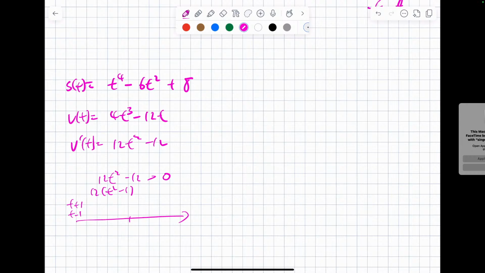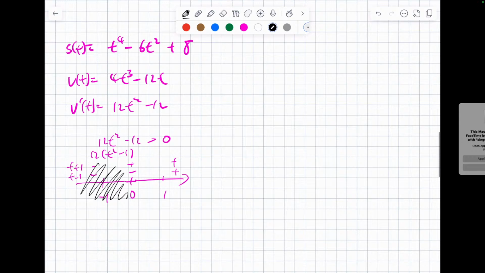Between -1 and 1, it's going to be negative, and on the outside positive. The problem is we only take into account this part. This part is all ignored because t cannot be negative, right? T is always positive. So in terms of the number line test, you only care about from 0 and on. Is that okay?